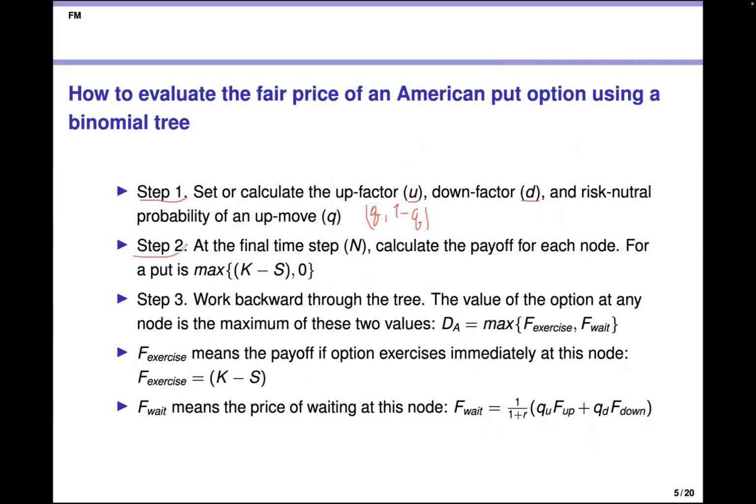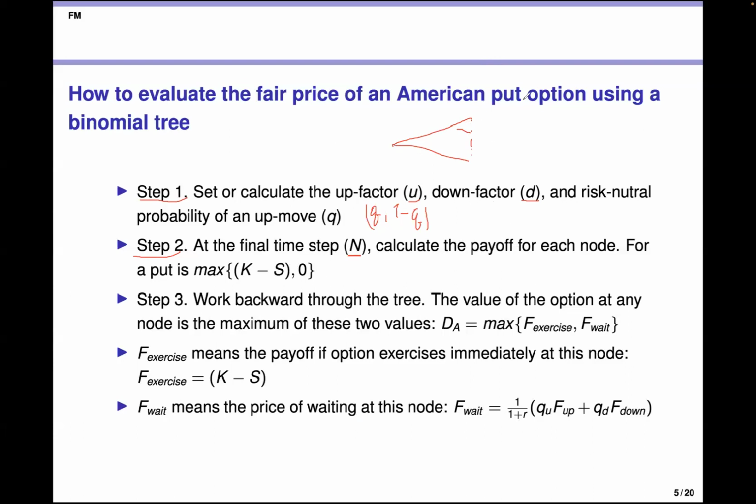Okay, step two. We start with the final time step n and calculate the payoff for each node. For example, it was this tree, and for this we have different points, and we calculate the payoff for each point.